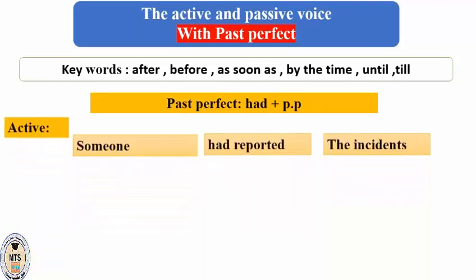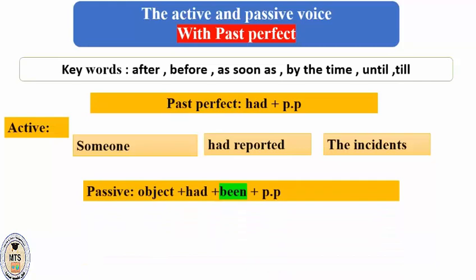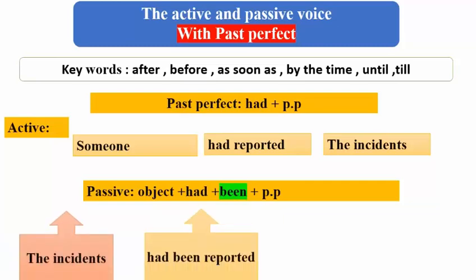For example, someone had reported the incidents. So the passive rule, object plus had plus been plus past participle. So you notice that all the perfect tenses we have to put been. The incidents had been reported by someone.